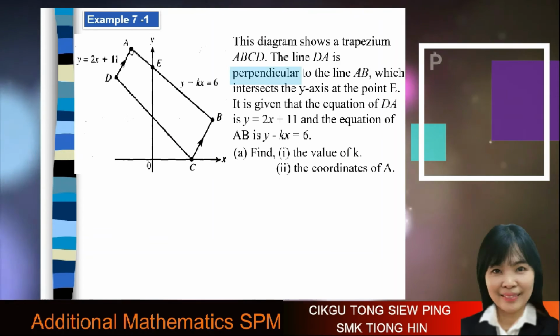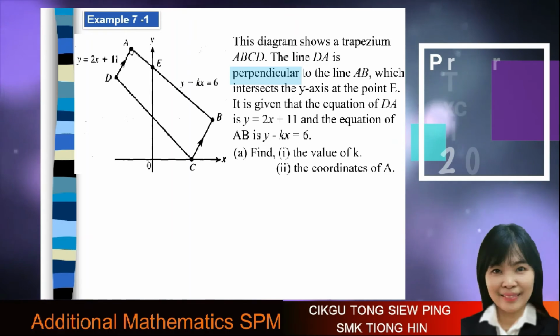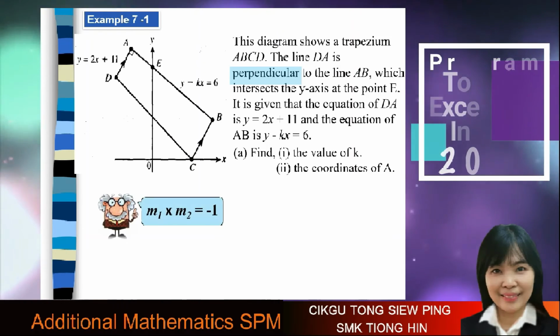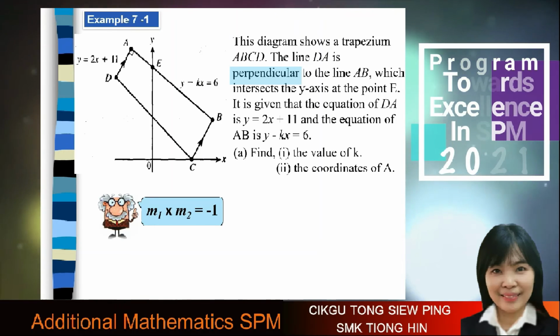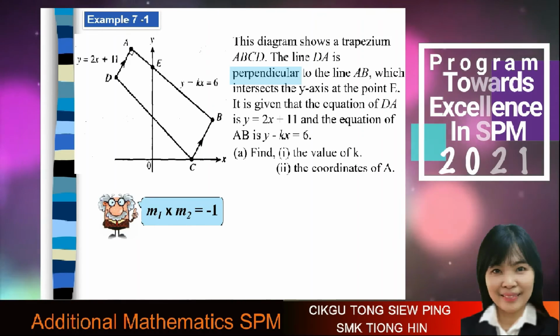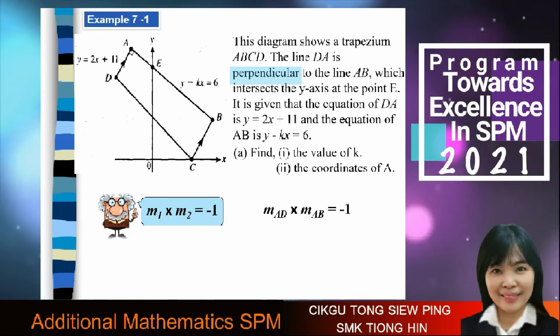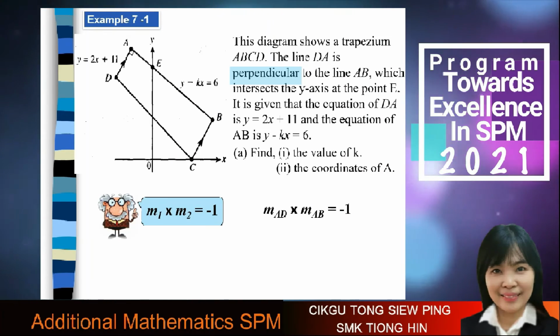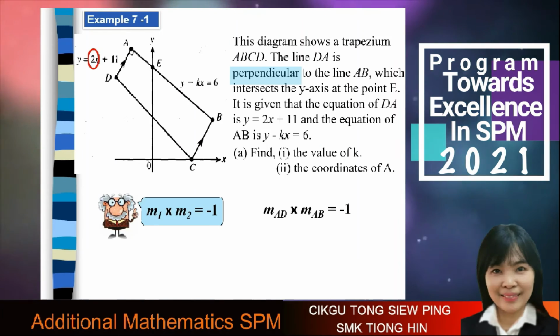Since the question tells us the line AD is perpendicular to the line AB, therefore, the concept of m1 multiplied with m2 is equal to -1 can be applied here. That is, the gradient of AD multiplied by the gradient of AB equal to -1. The gradient of AD is equal to 2.